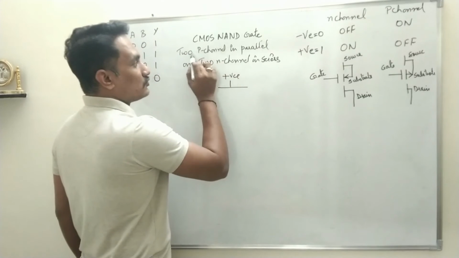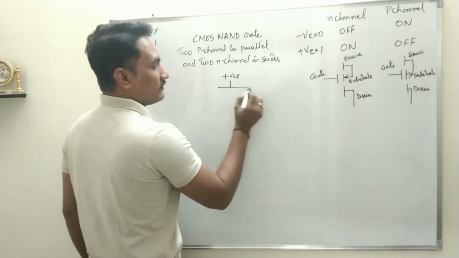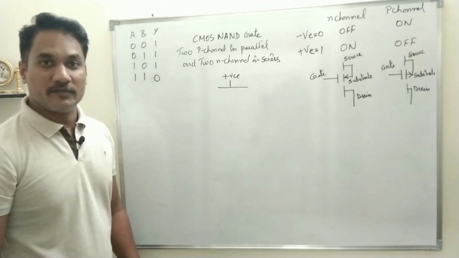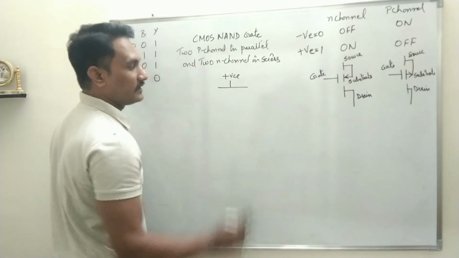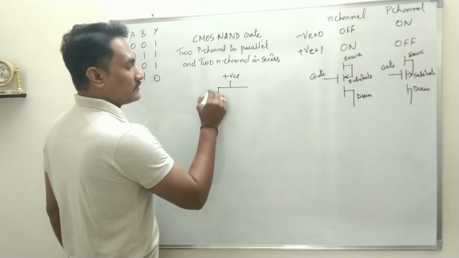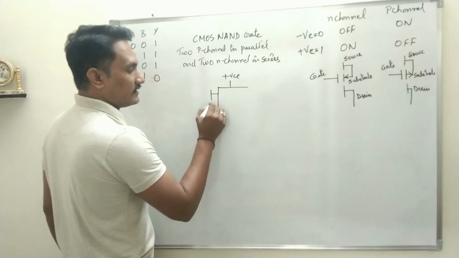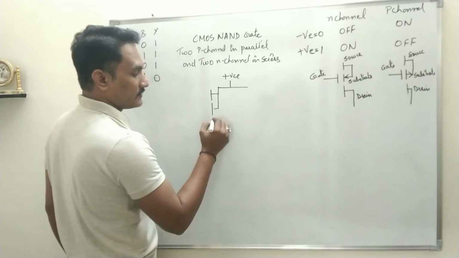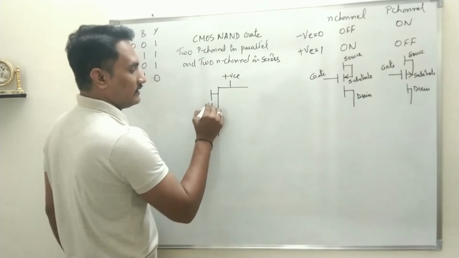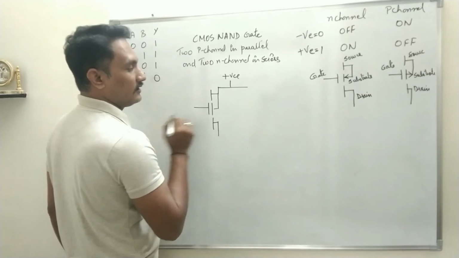Now as 2 P channel are in parallel, we have to bifurcate the terminal into 2 terminals. What is the symbolic representation of P channel? The source is internally connected to the substrate, below the substrate we write the drain, and in front of the substrate we draw the gate.